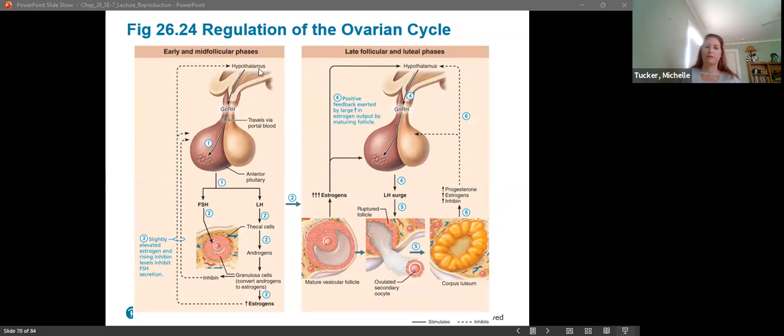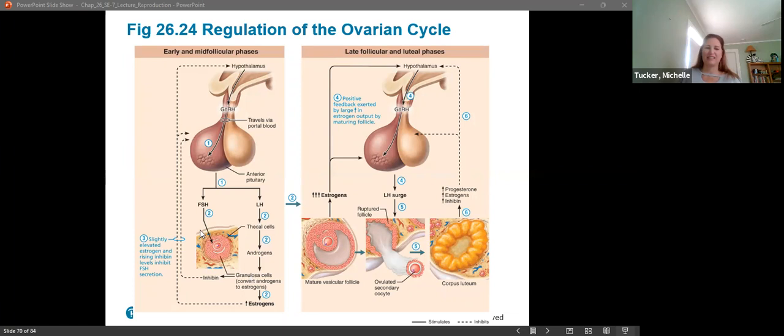So in the early phases, the hypothalamus is releasing gonadotropin releasing hormone to stimulate the anterior pituitary to produce follicle stimulating hormone and luteinizing hormone. The follicle stimulating hormone acts on granulosa cells to secrete estrogen, and thecal cells to secrete androgens, which are then converted to estrogen.